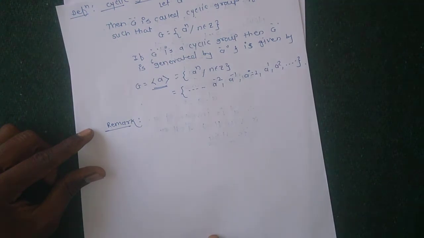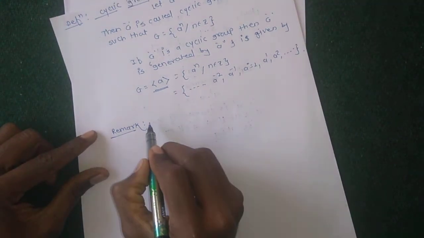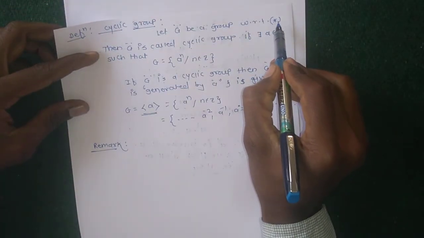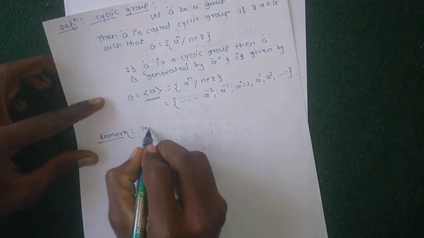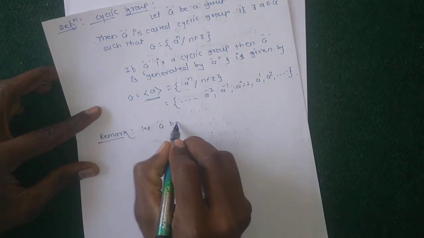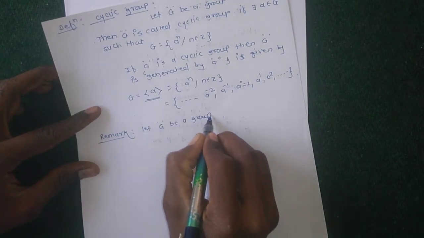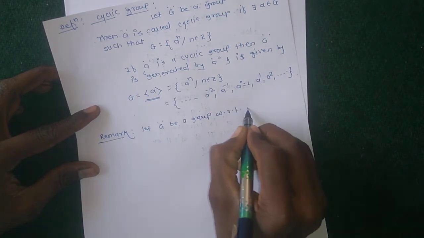First remark: let G be a group with respect to multiplication.